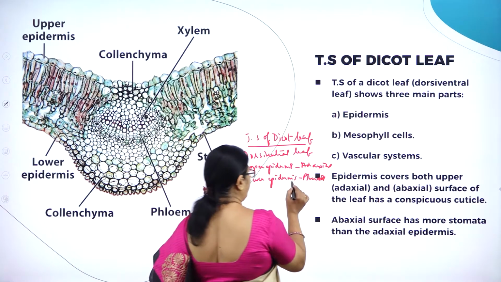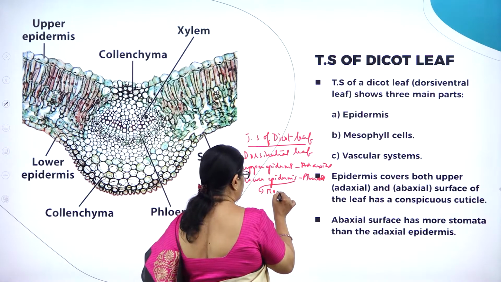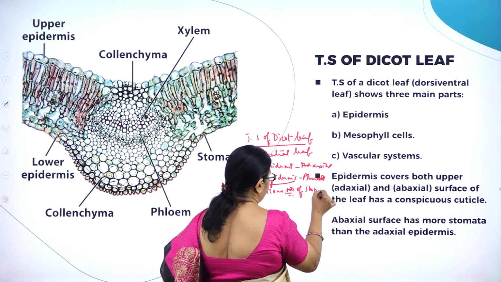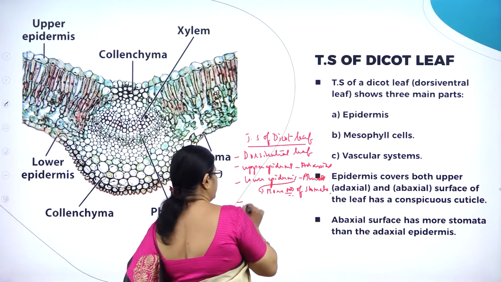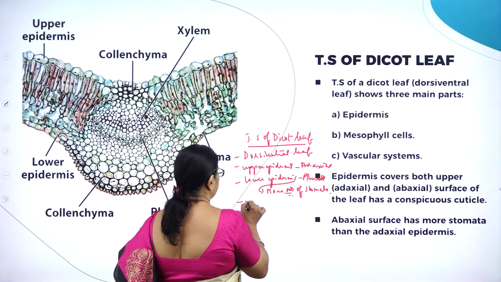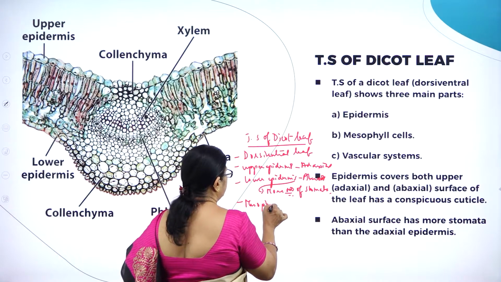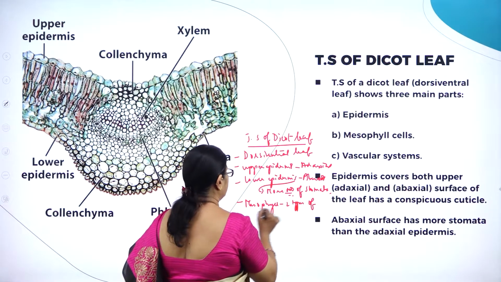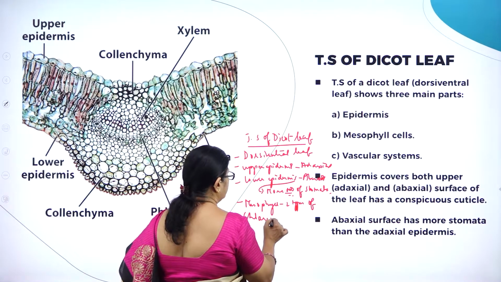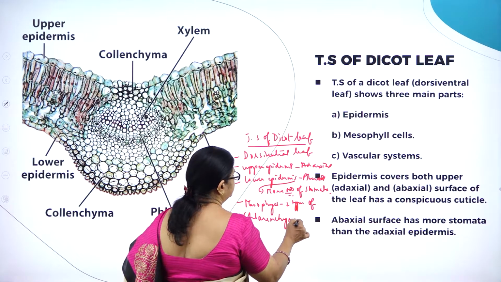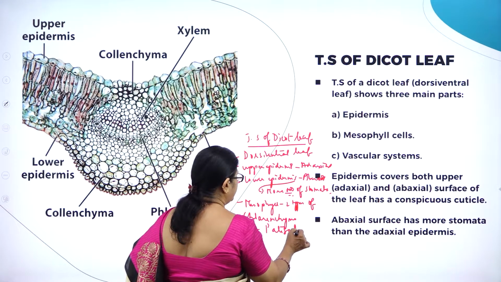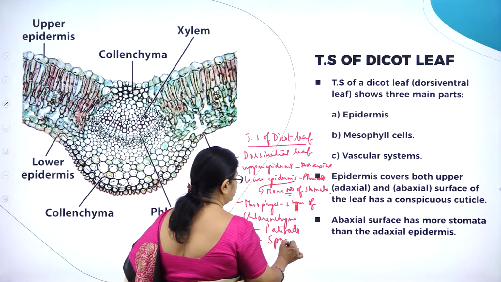The lower epidermis will have more stomata. Then the mesophyll has two types of chlorenchyma: one is called palisade and the other is called spongy.